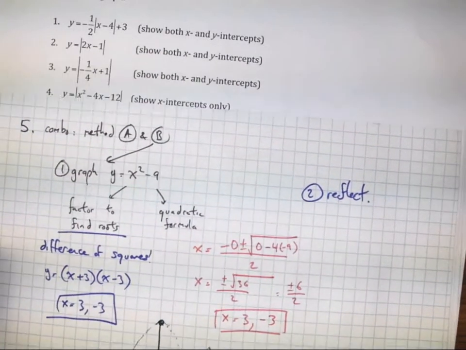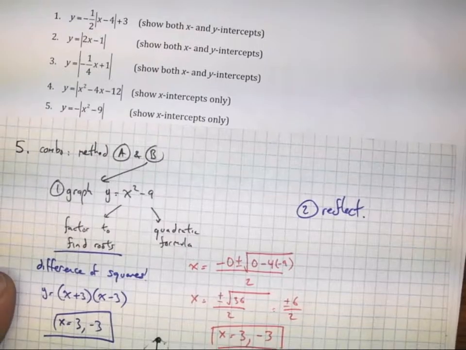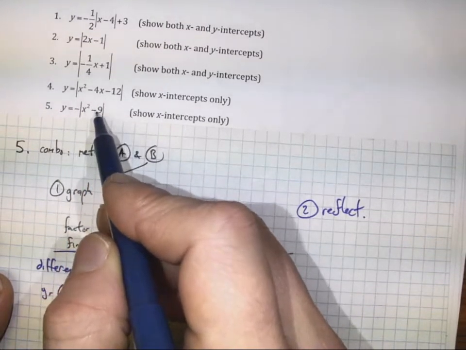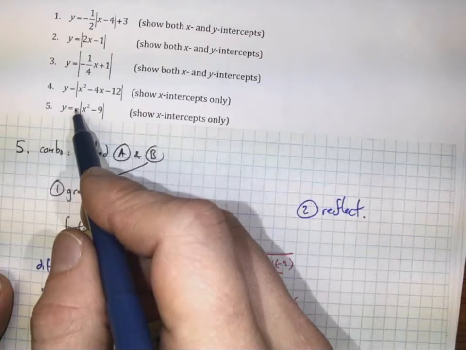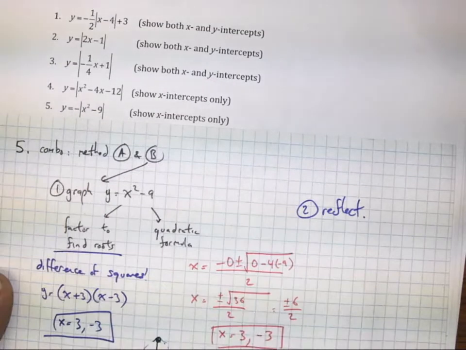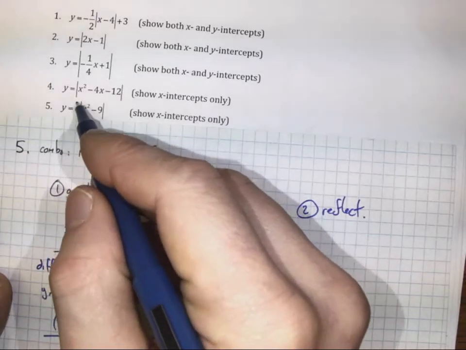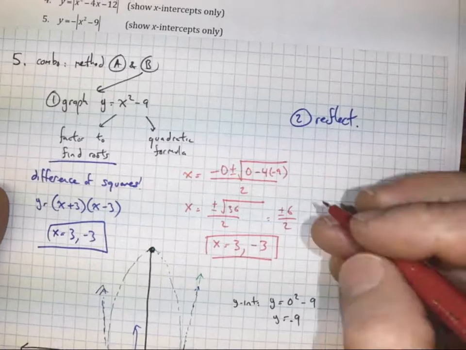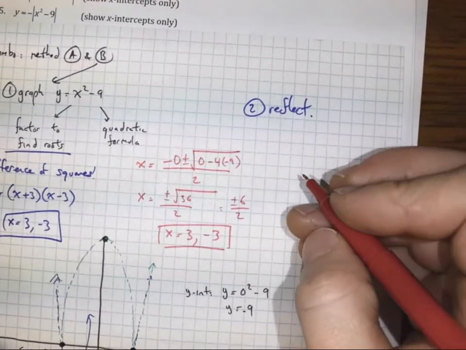So if we look back at the original question, we actually weren't asked to graph y equals the absolute value of x squared minus 9, but y equals the negative of the absolute value of x squared minus 9. So that means we've got a reflection over the x-axis as well. So that means, what color haven't I used much?